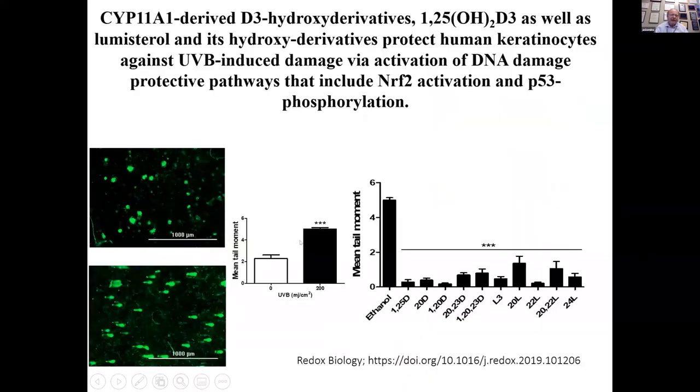So then another example: we really started to look at the photoprotective effect, and this is the DNA damage measurement with the COMET assay, which shows that all of these compounds protect against the DNA damage. And this mechanism includes the activation of NRF2 and P53 phosphorylation.